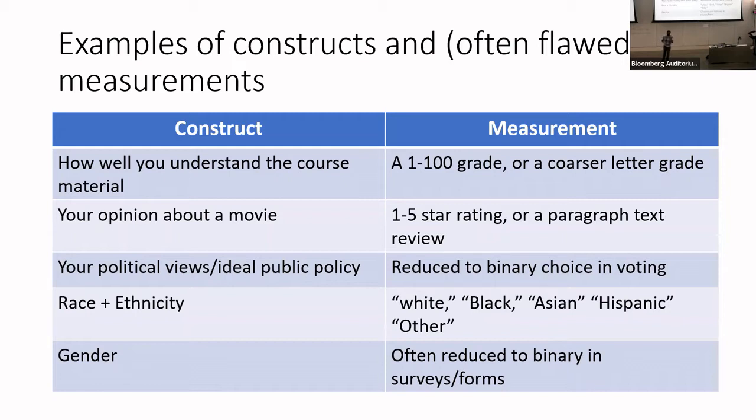Now, within quantitative data, there are multiple types. There's continuous data, which you can go up to 10 decimal places or whatever. You can think about grades as a continuous data point. You have categorical data, where, for example, race and ethnicity are different categories.